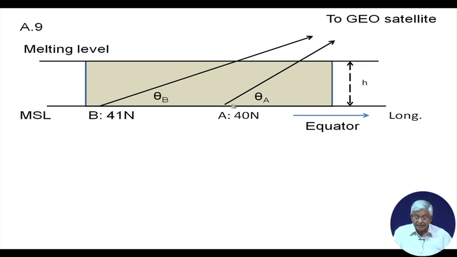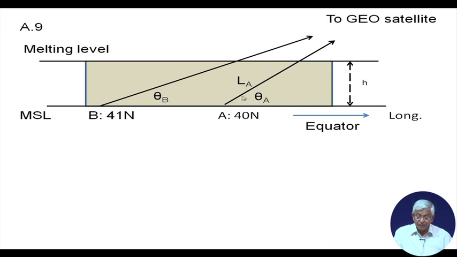Station A will have an elevation angle to the geosatellite which is theta A, and station B will have an elevation angle theta B. You can see that since B is away from A towards the north, theta A and theta B are not the same.